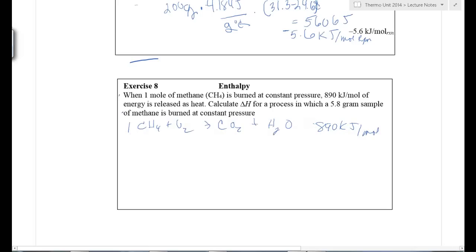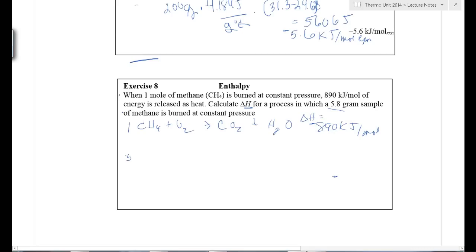So my delta H is negative 890 kilojoules per mole. Okay? So we want to calculate delta H for the process in which we only have 5.8 grams sample. So I know my answer has to be negative.